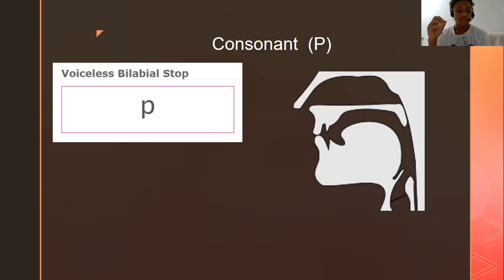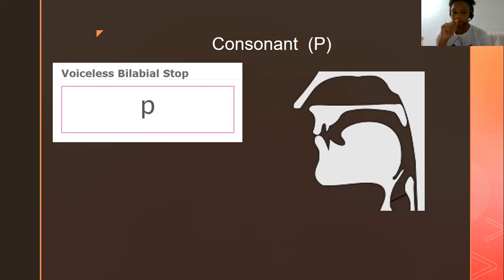The place of articulation is bilabial, because you have to use your two lips, which means it is articulated with both lips. You have to put both lips together to make the pronunciation of the consonant. Its phonation is voiceless, which means it is produced without vibration of your vocal cords.